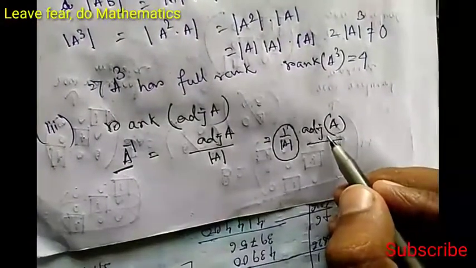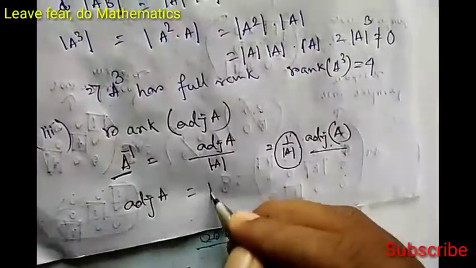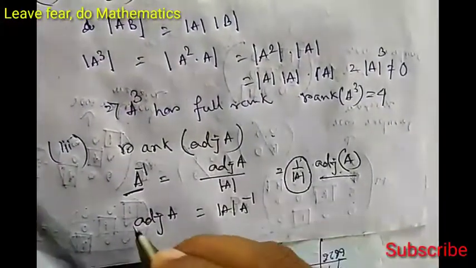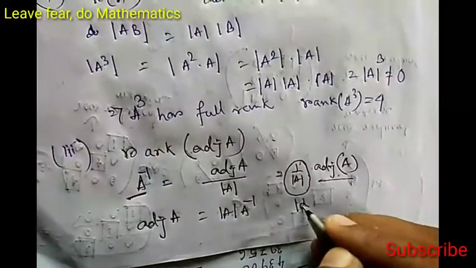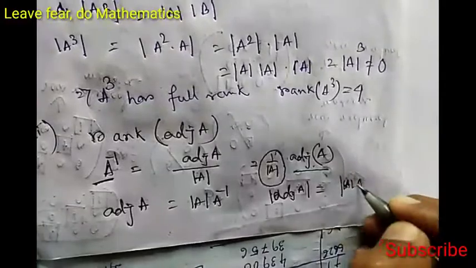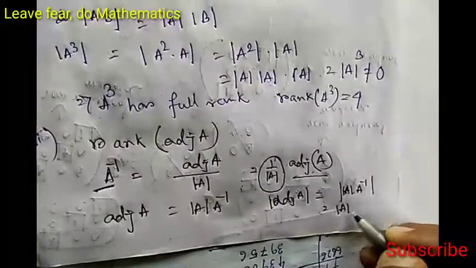Also, we can justify it in another way. Adjoint A equals det A times A inverse. If we take the determinant of adjoint A, we get the determinant of det A times A inverse, which is det A to the power 4 times det A inverse.